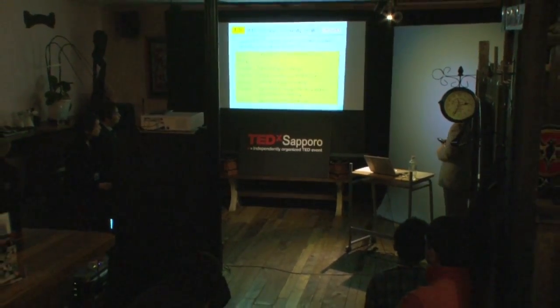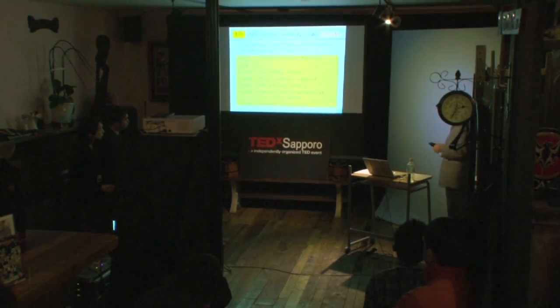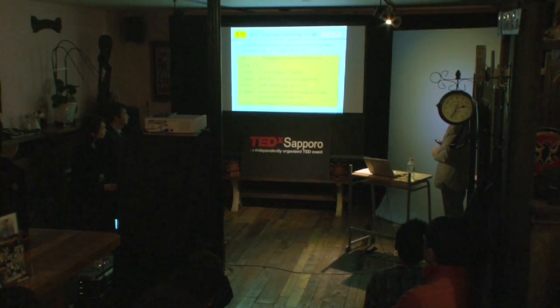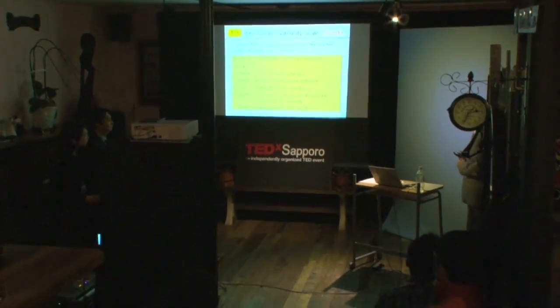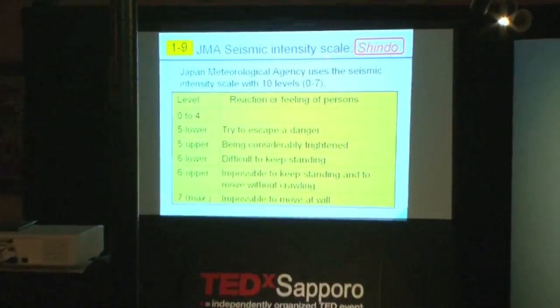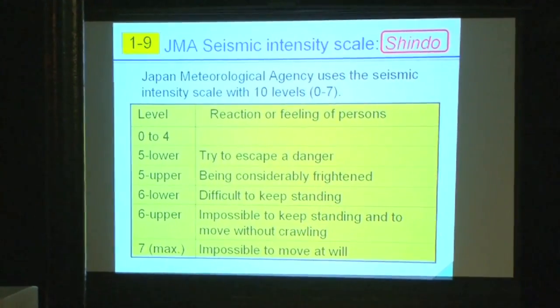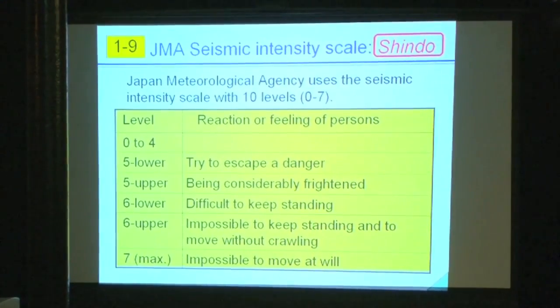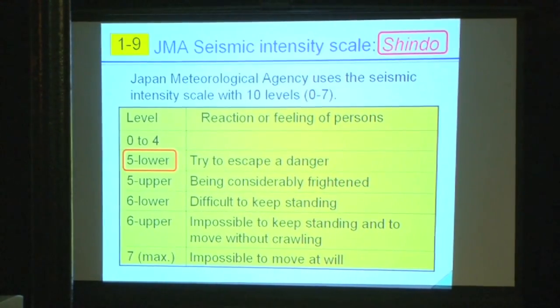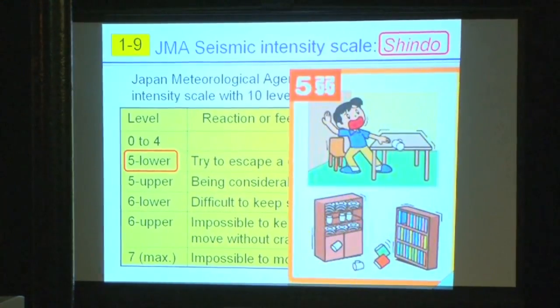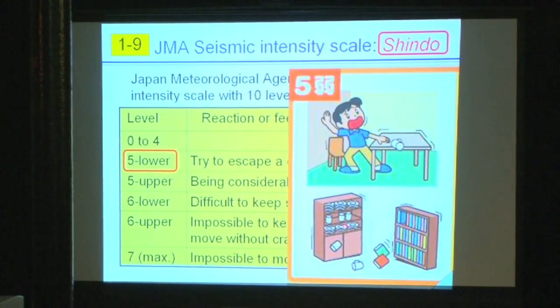The Japan Meteorological Agency uses a seismic intensity scale with 10 levels from 0 to 7. The unit is called shindo. For example, at shindo 5 lower, many people try to escape danger and books and dishes fall.